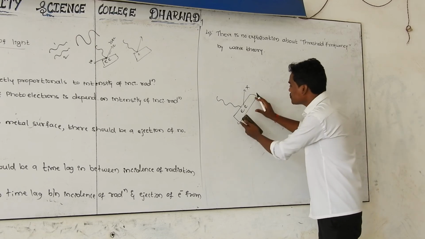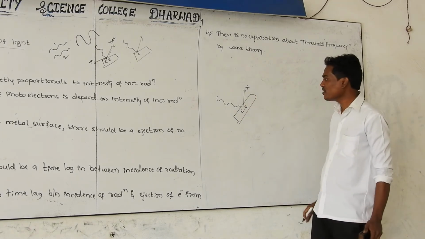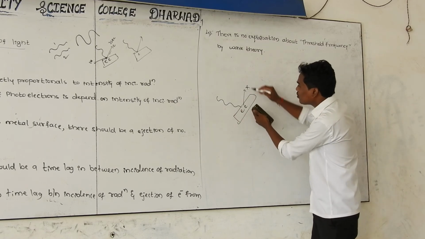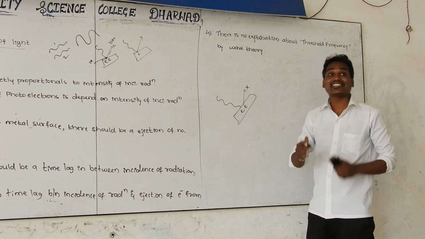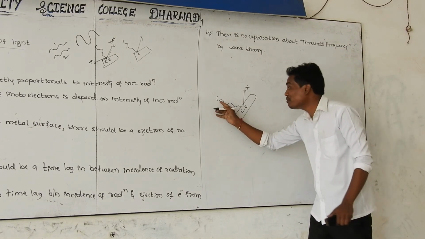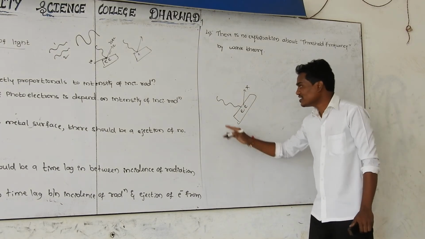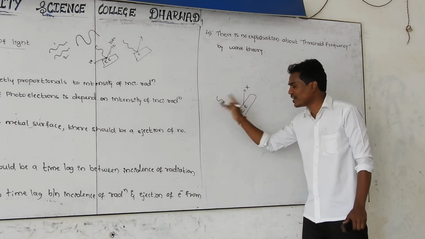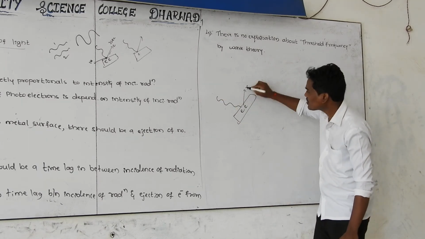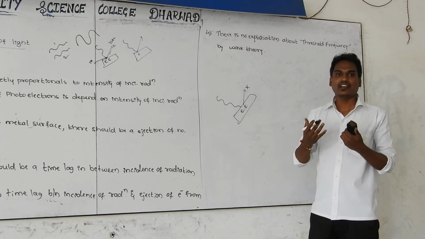That frequency of radiation we are going to call the threshold frequency, in order to produce a photoelectric effect. This is according to particle theory. In order to emit the electron from the material, this radiation has a minimum, suitable frequency. If its frequency is very low, then the electron is not emitted from the material, which means there is no photoelectric effect.